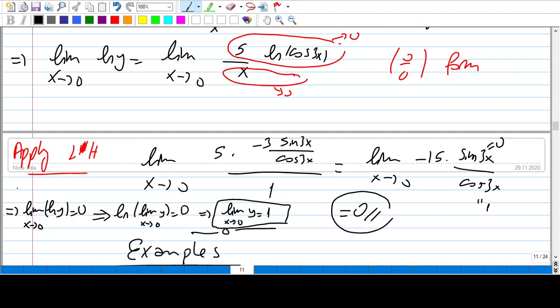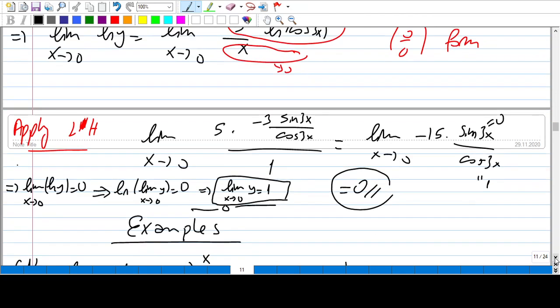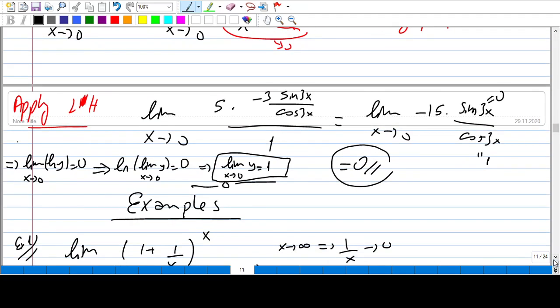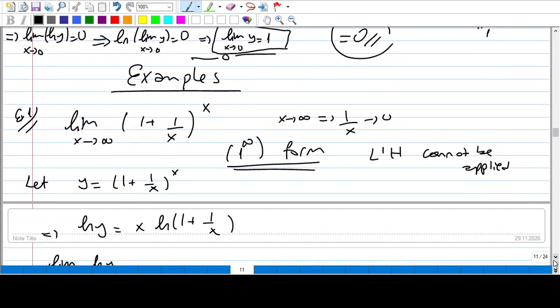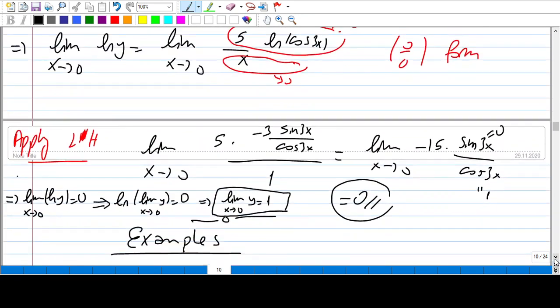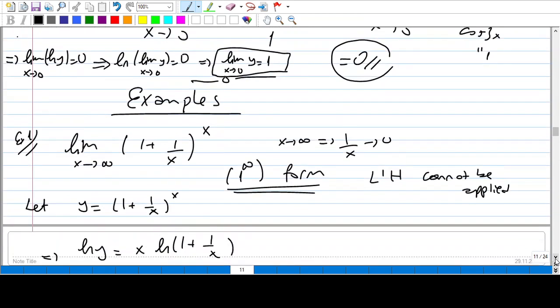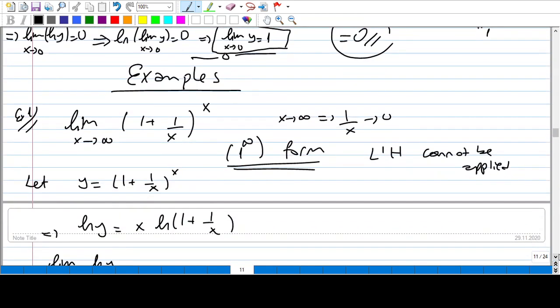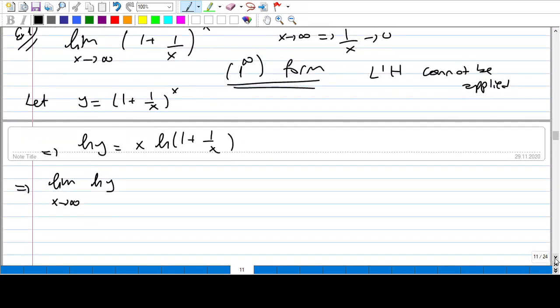Okay, if I again go back to the example, (1 plus 1 over x) to the power x, let's check it. The result of the previous example was not equal to 0. Pay attention, it is equal to 1. So now what do I have?